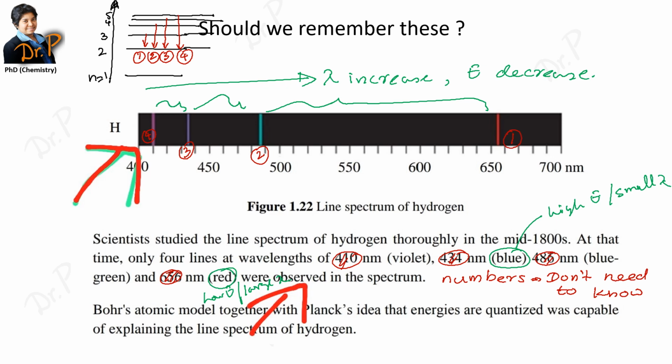Also, you need to know the names of the series like Lyman, Balmer, Paschen, Brackett, and what kind of radiation they will emit.